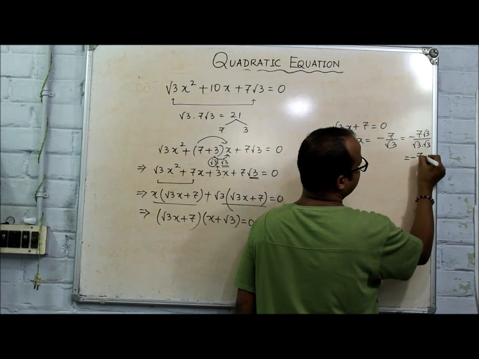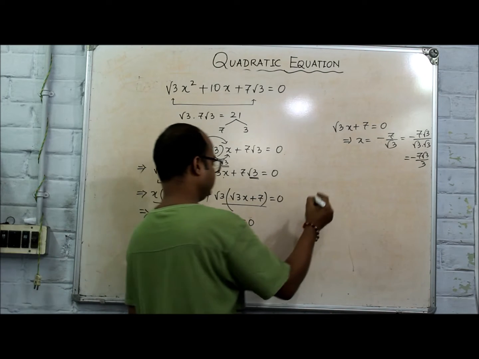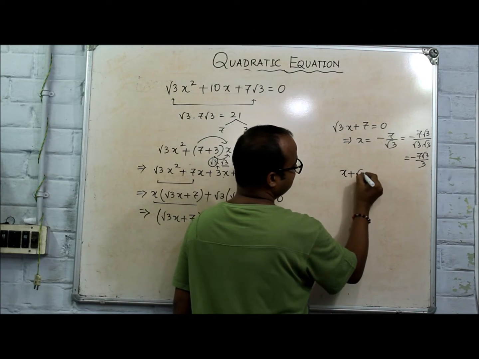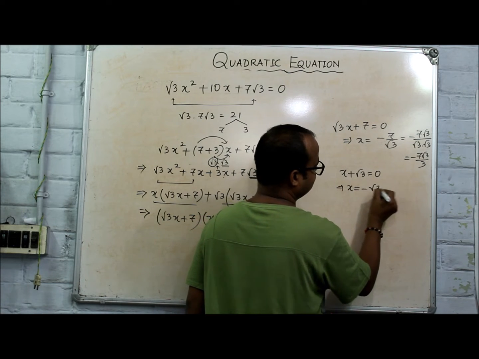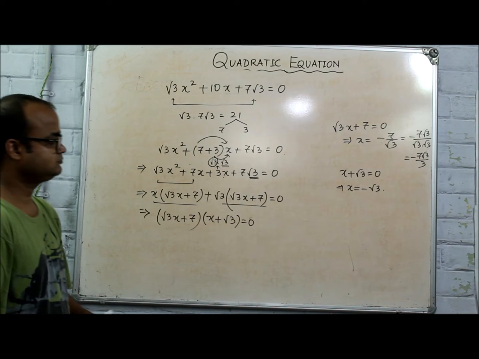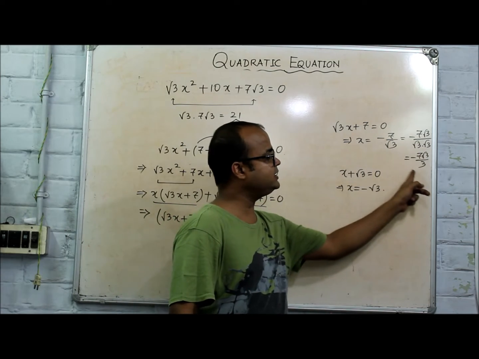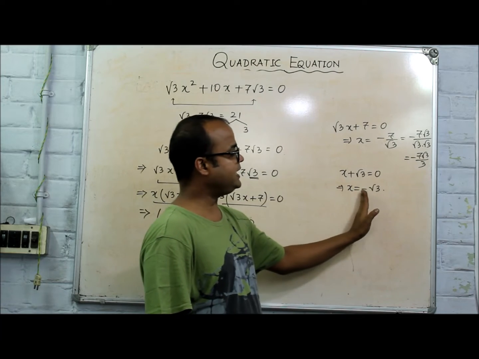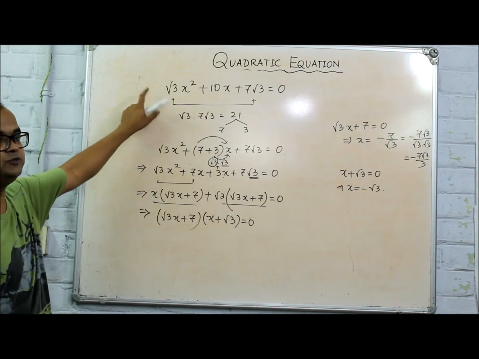So minus 7 root 3 by 3, and x plus root 3 is equal to 0. It implies x is equal to minus root 3. So we can say x is equal to minus 7 root 3 by 3 and x is equal to minus root 3 are the solution of this quadratic equation.